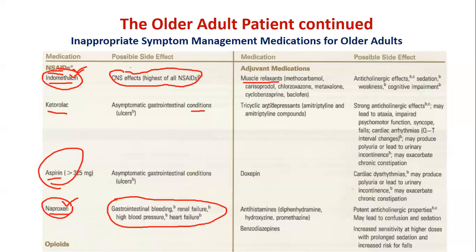So muscle relaxant, its name is carisoprodol, and tricyclic antidepressant, amitriptyline or amitriptyline compound.